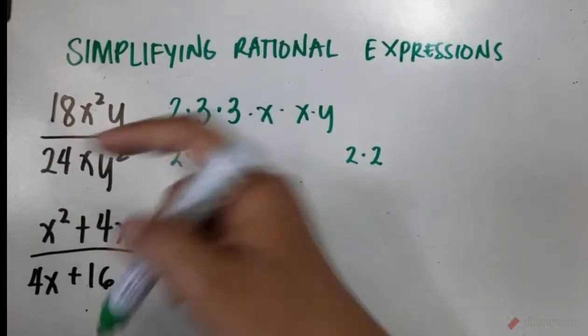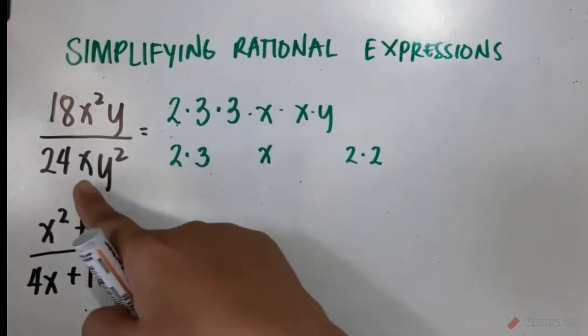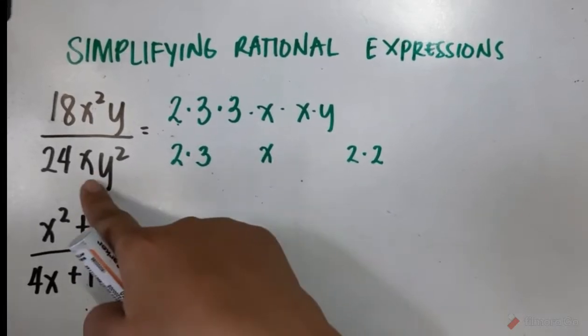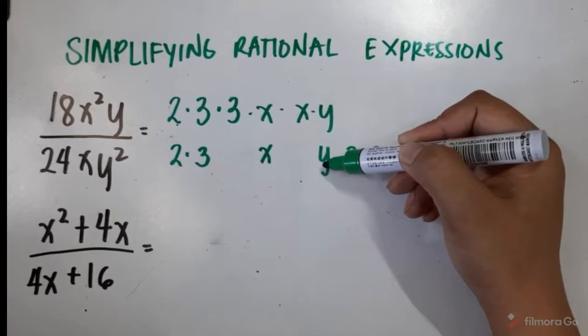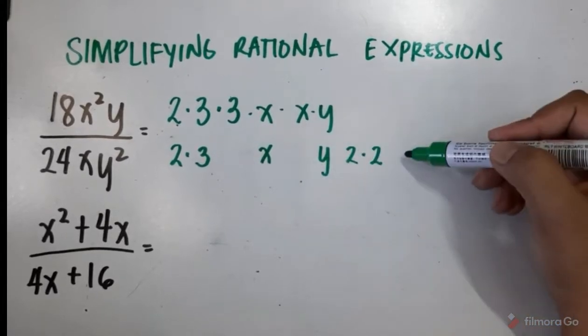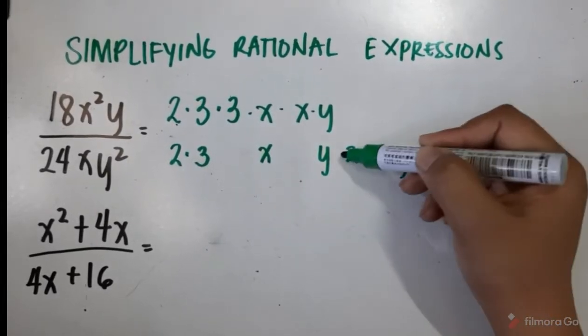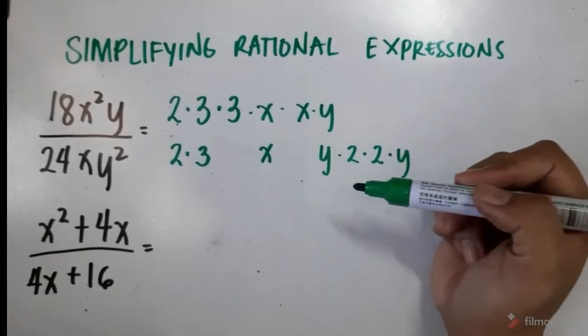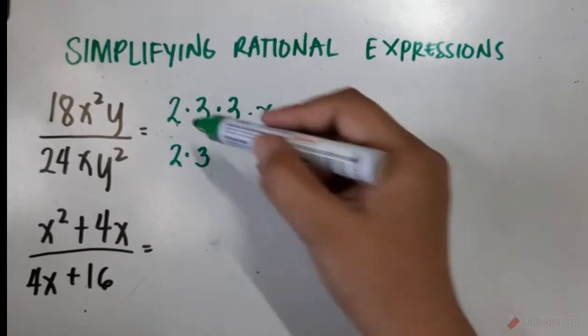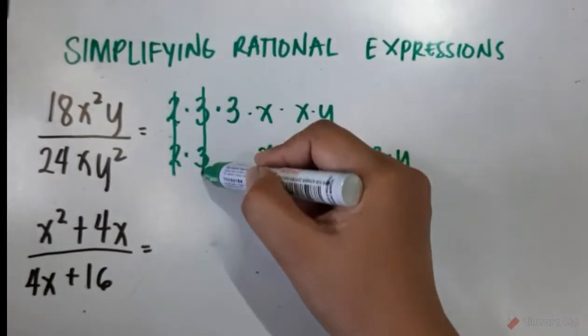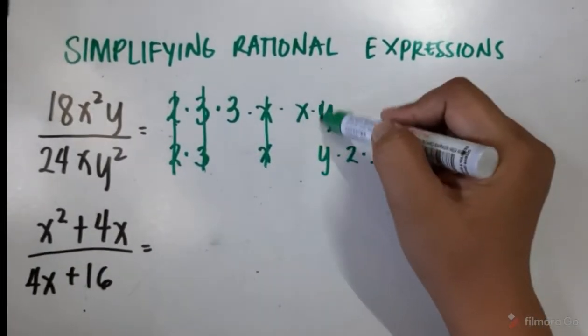And then we align the factors that are the same, x, and then y squared. So we write y aligned with y from the numerator, and another y farther. And then we cancel all the common factors. So cancel, cancel, cancel, cancel.